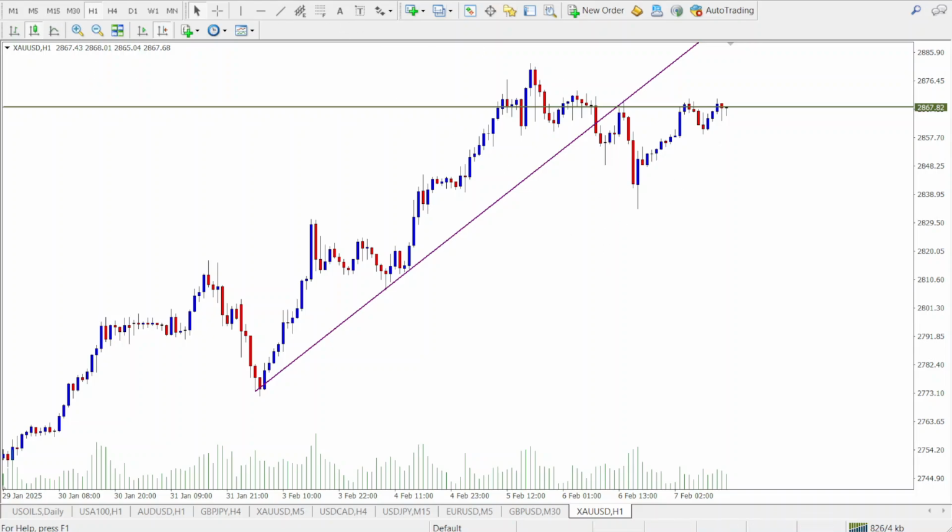Now, if a strong engulfing candle forms at a key level with high volume, for example, it confirms that buyers or sellers are stepping in aggressively.